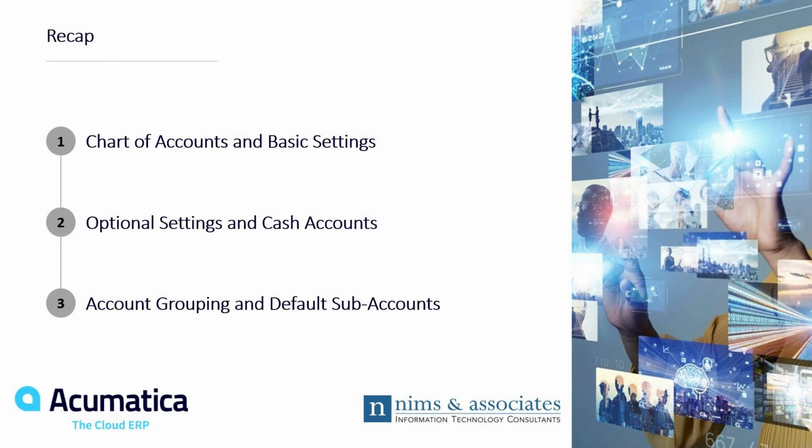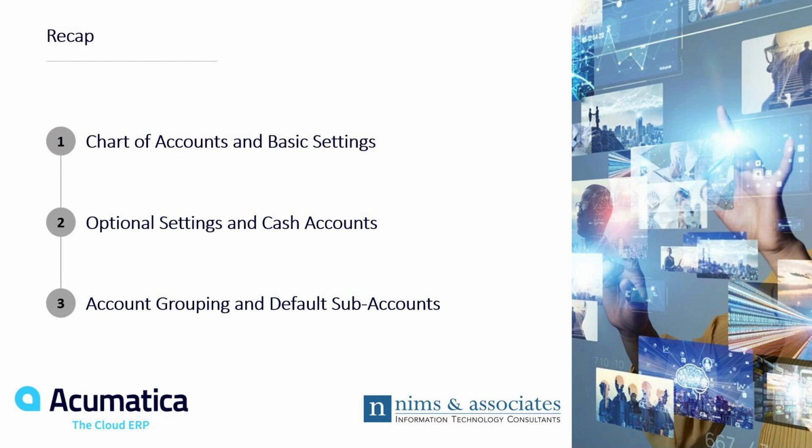And so in today's Acumatica ERP snapshot, we covered a couple of topics. Let's recap what we went over today. We took a look at the chart of accounts and its basic settings. We then went over some of the optional settings, and what cash accounts are and how they're used in the chart of accounts.